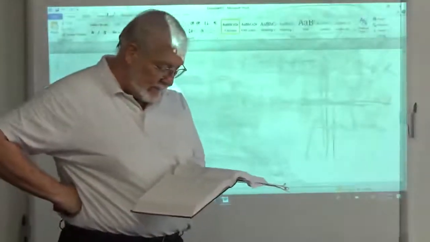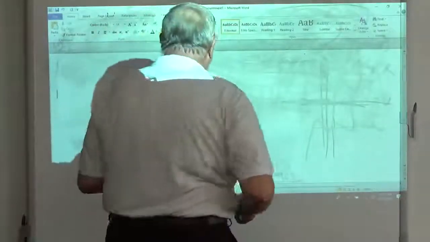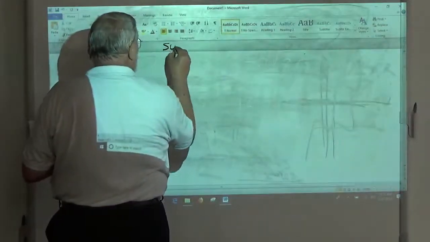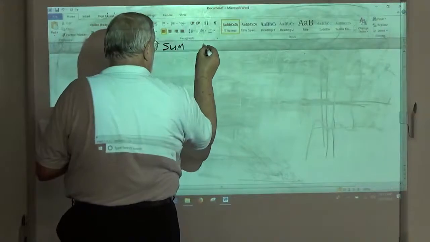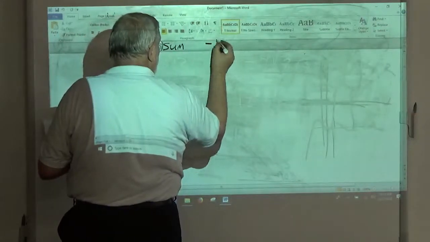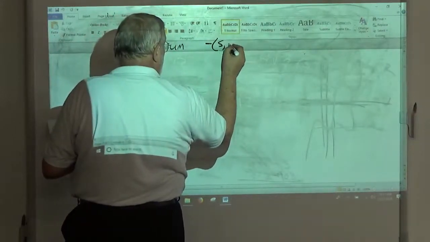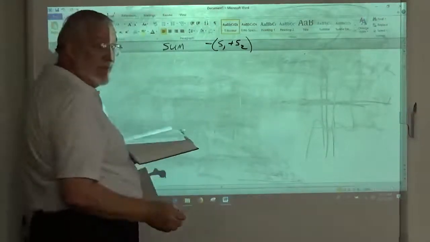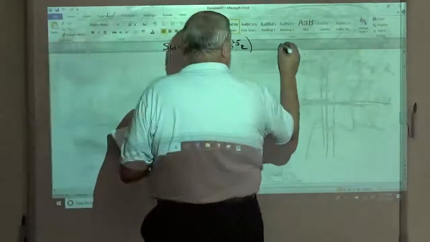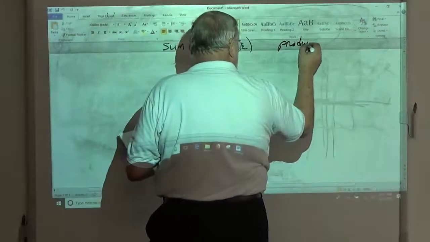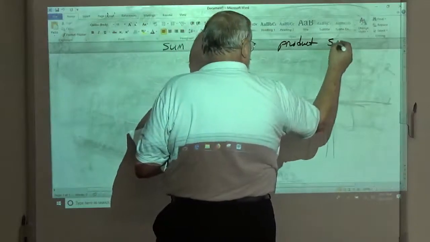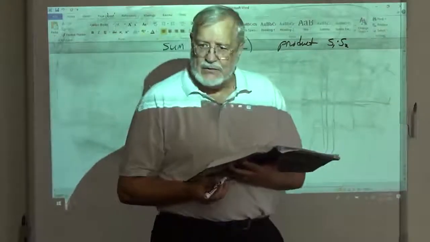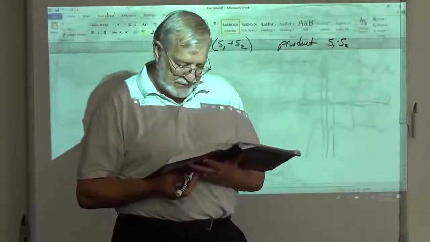Now, if you remember when we said that the sum will be negative S1 plus S2, that'll be the middle term, and the product will be S1 times S2. Let's look at example 2 and do that same thing with imaginary numbers.